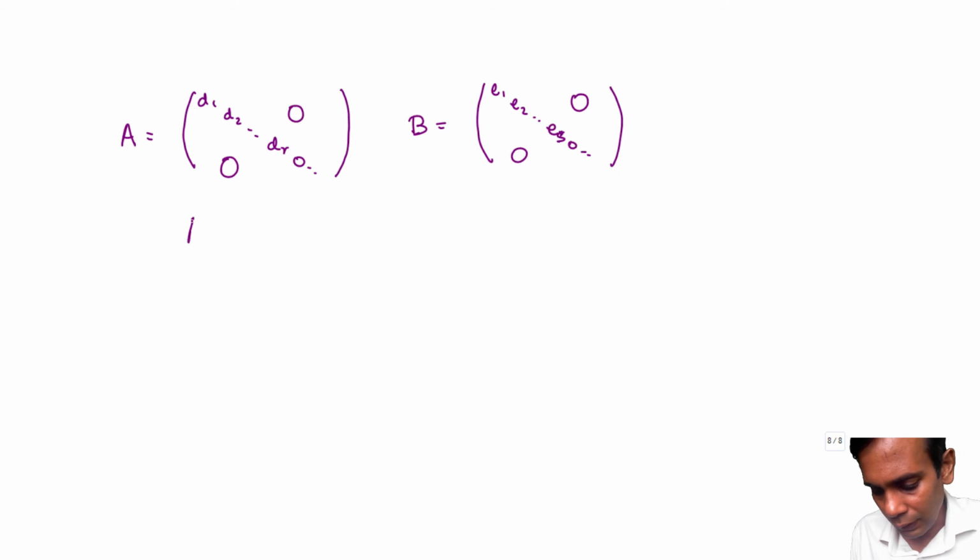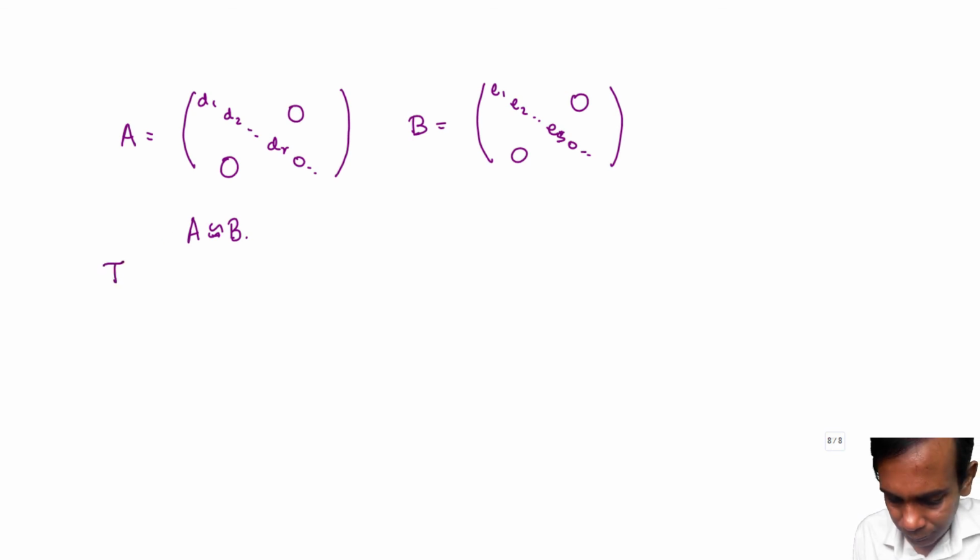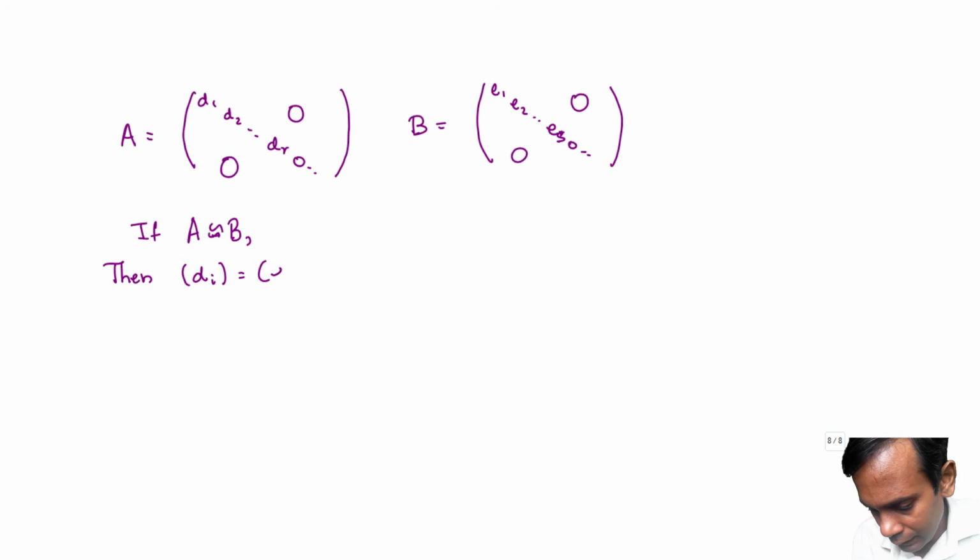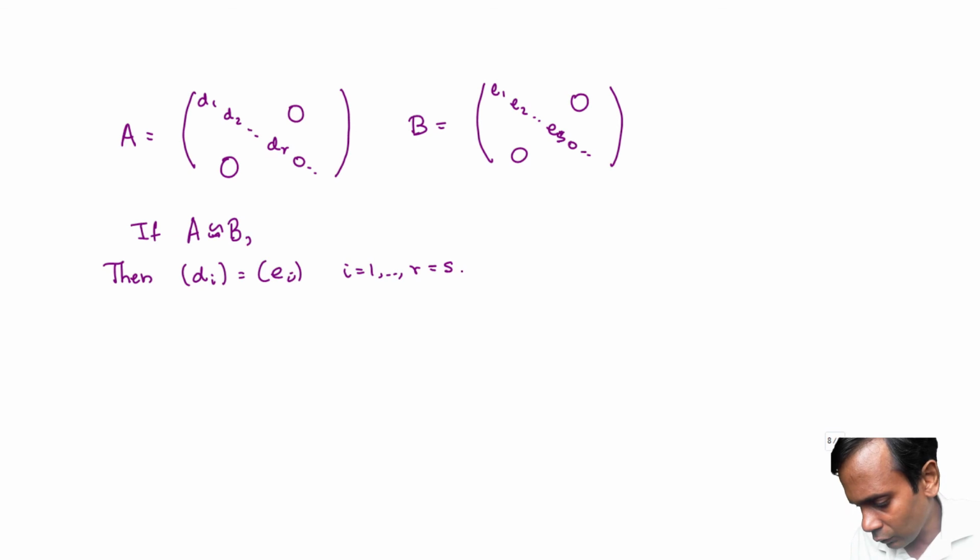And suppose I know that A is equivalent to B. Then I want to show that the ideal generated by DI is equal to the ideal generated by EI for I equals 1 to R, and R is actually equal to S. It's easier to just show that the ideal generated by D1 is equal to the ideal generated by E1.